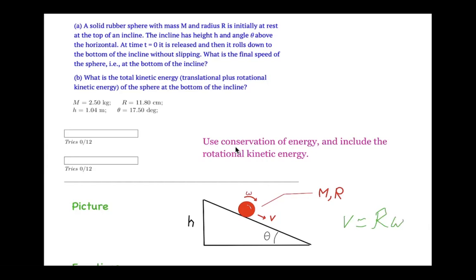And that object could be a sphere, it could be a cylinder, it could be a hollow cylinder or a solid cylinder. Anything with a geometrical shape, which is spherical, will roll. And the relation between the speed of the center and the angular speed, they're proportional. And the constant of proportionality is just the radius of the object.